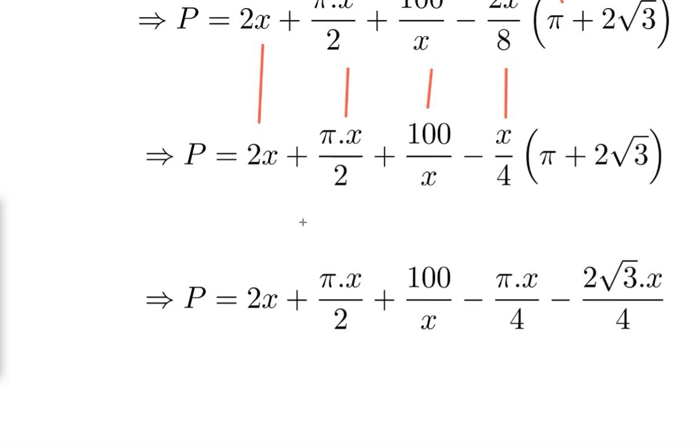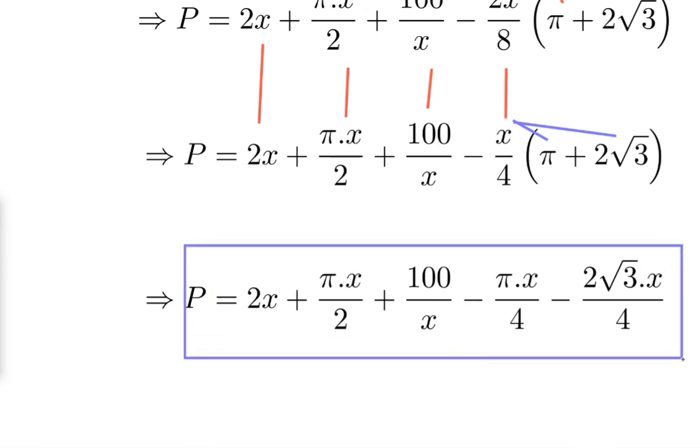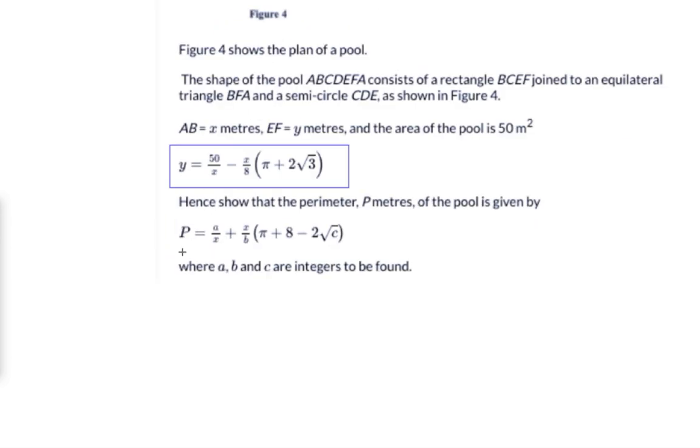So I then move on to this x over 4 times pi, which is pi x over 4. And finally x over 4 times 2 root 3, which is 2 root 3 x over 4. And so now we're in this final position for the end of this part of the conversation. We can now look at how we can simplify it down such that we should end up with the equation that they desire.